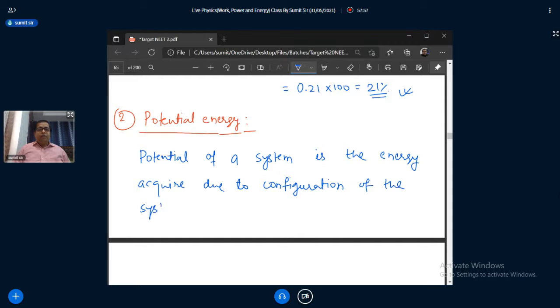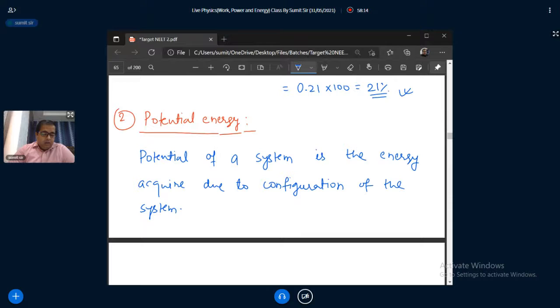When you configure the system, you need to do work. So the work you do to configure this system is stored in the system. So this is known as potential energy. Okay.